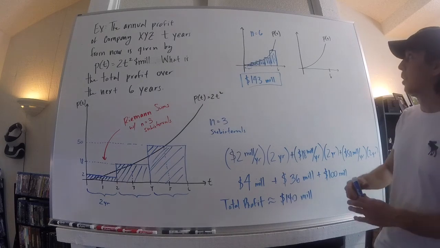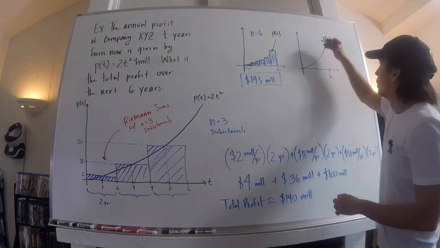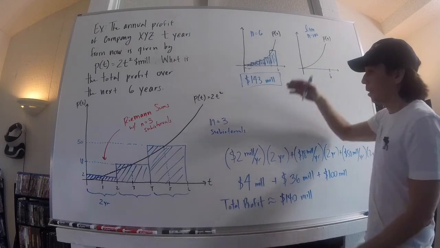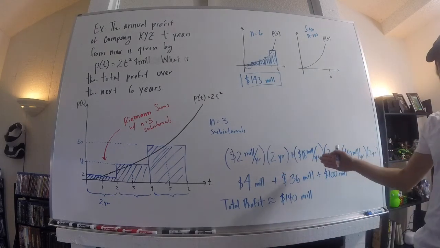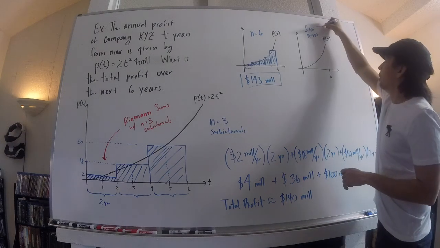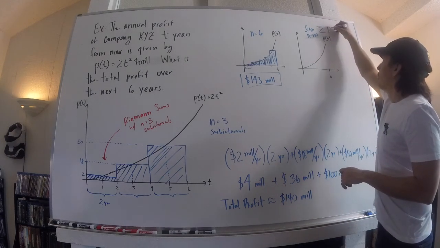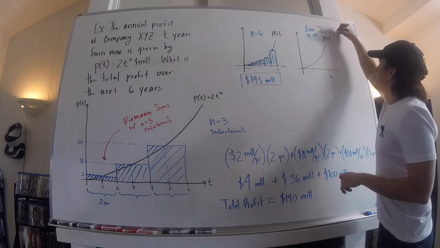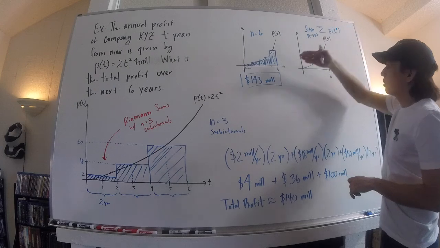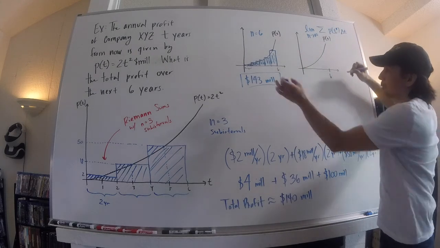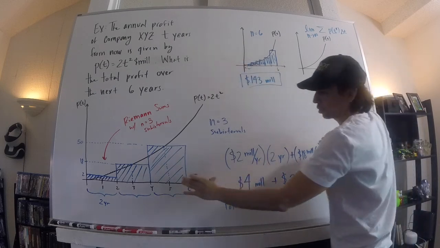So you're looking at the limit as n goes to infinity of this concept of Riemann sums. I'm not going to write the notation for it. It's like a summation of P of t star, where t star is some midpoint there, times a change in t, which are the lengths of these subintervals.